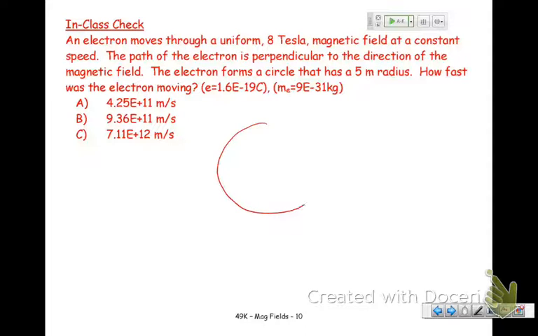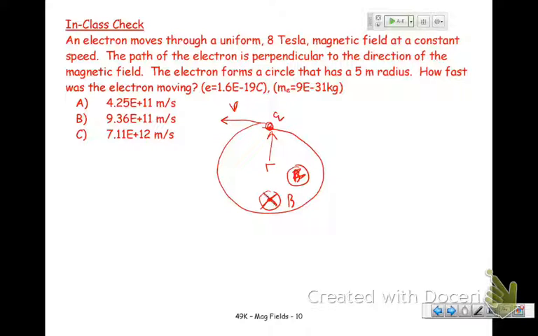So here's my circle. I have my little charge here, my Q. I have my R. I have my V. And I have my B. Now, which way is it? V cross B. See what I did?